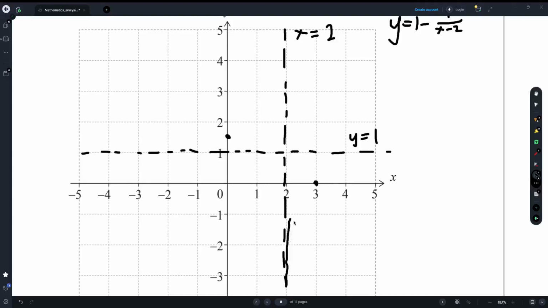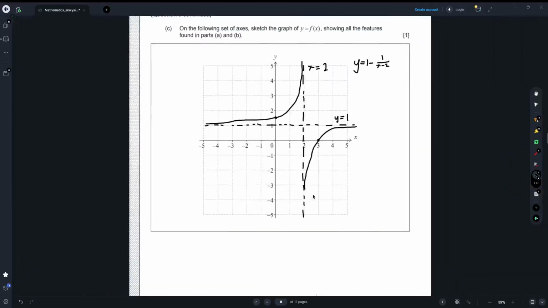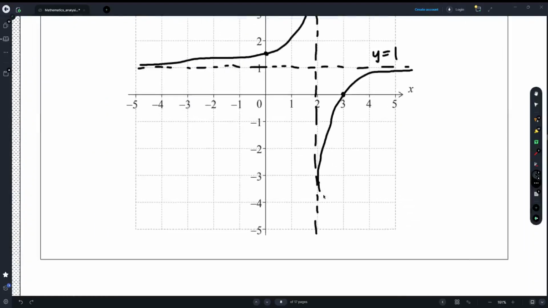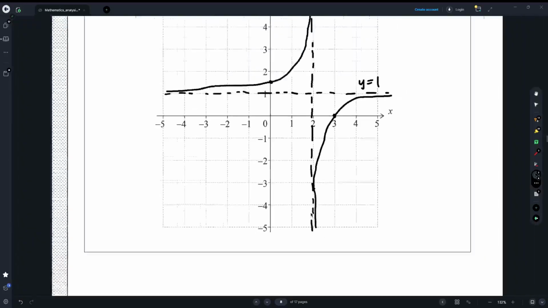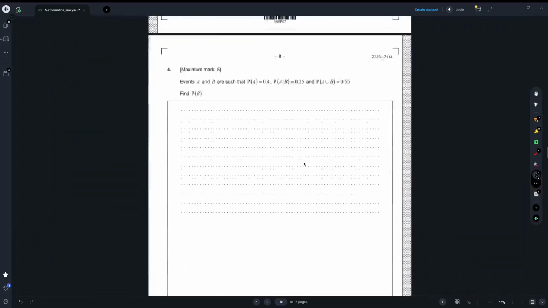The function will look something like this, and you want it to kind of curve up. I would recommend drawing this with a pencil first in the actual exam, just so you don't mess up, as it's kind of important. Alright, something like that. Good enough.